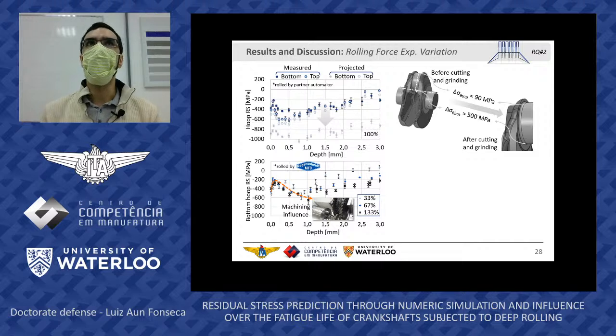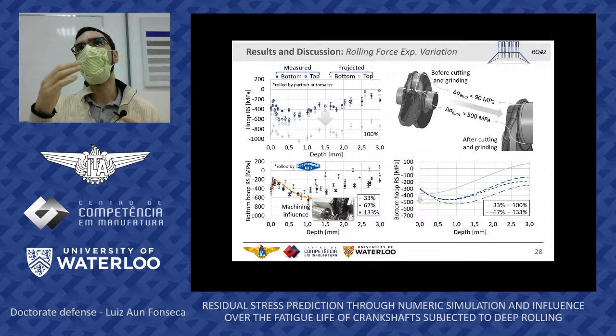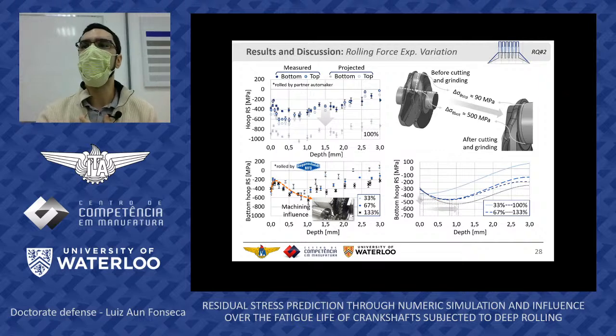And again, with the reservation that not all specimen batches were rolled in the same facilities, we can approximate all curves quite well using third-degree polynomials. The same conclusions were already shown by the numerical experiment results for rolling force variation. We can see that an increase in rolling force will produce higher residual stress peaks further in depth, and also the transition to the tensile part would be further in depth.